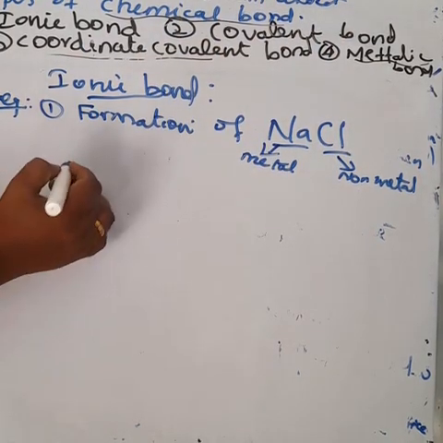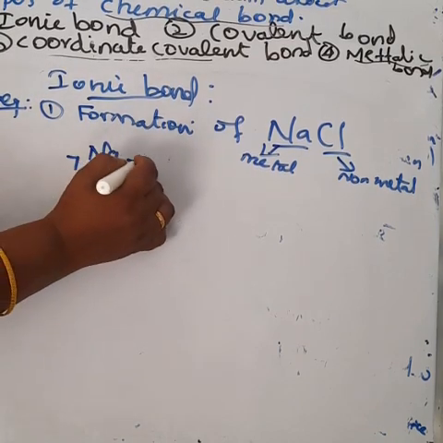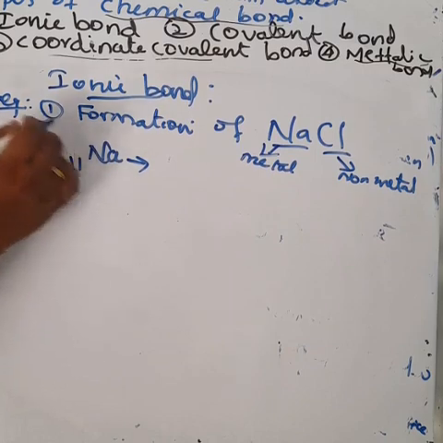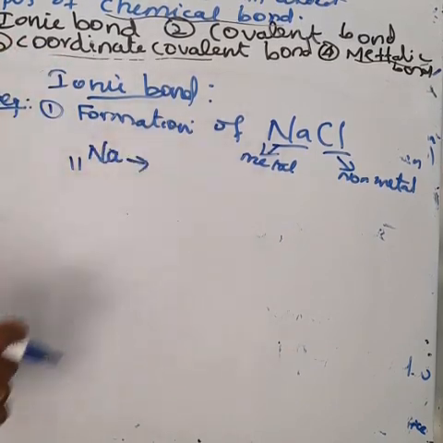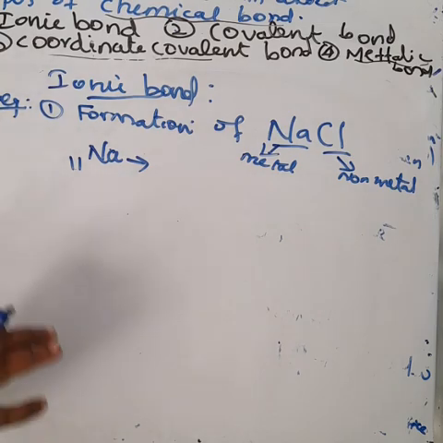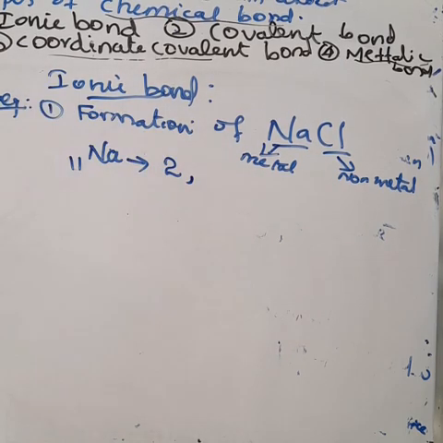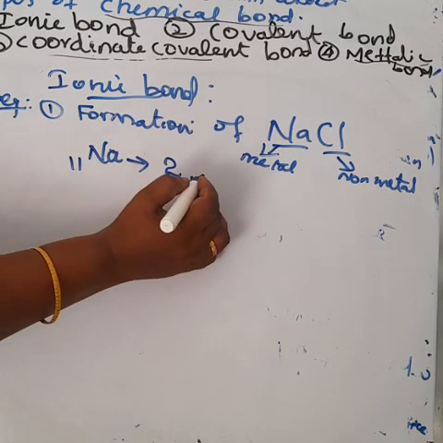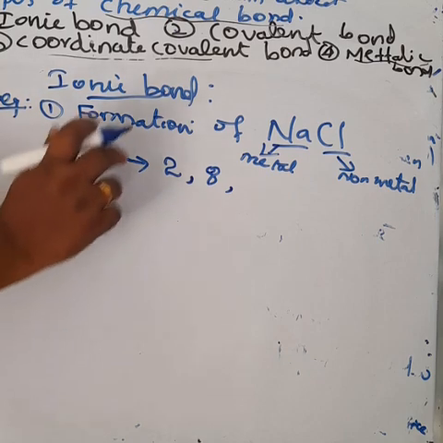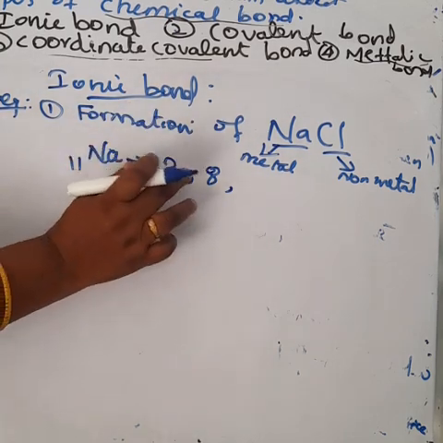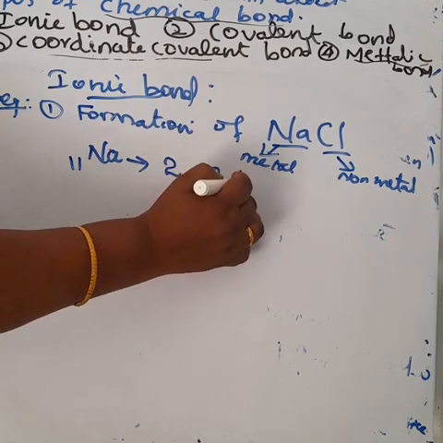What is the atomic number of sodium? 11. So what is the electronic configuration of sodium? How are the electrons occupied in the orbits? First orbit, 2 electrons maximum. Second orbit, 8 electrons. 2 plus 8 is 10, remaining 1.